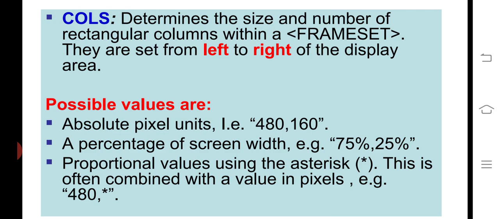Majorly 50% will also be used. So you must know the marginal differences. They always give 75% and 25% as examples. Proportional values using asterisks are often combined with a value in pixels, for example 480, asterisk.